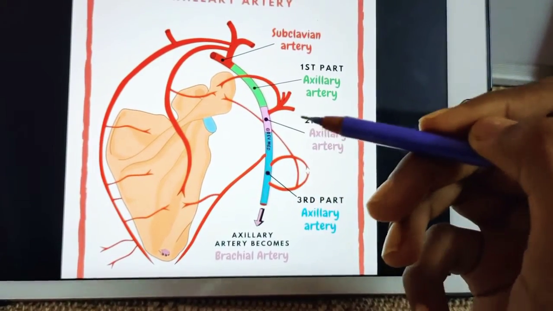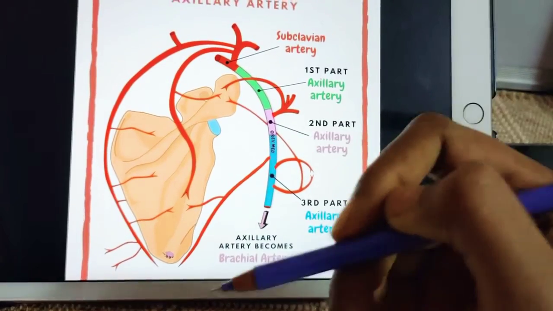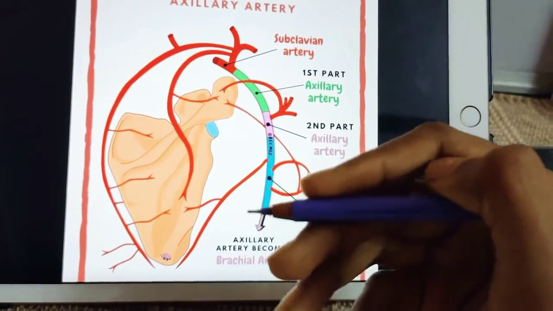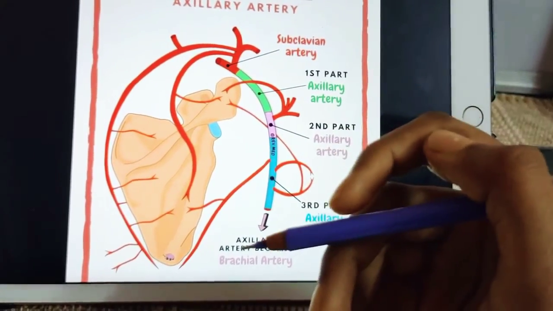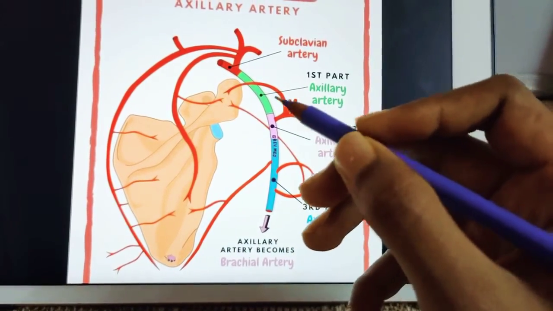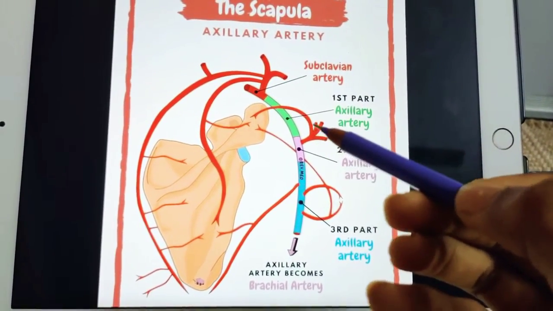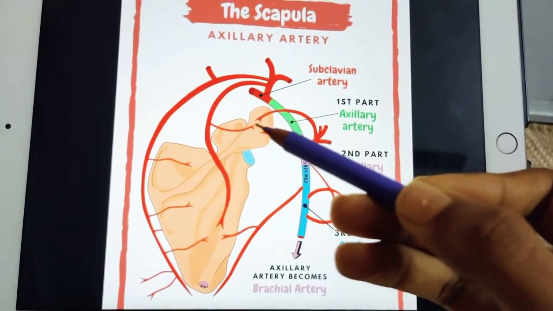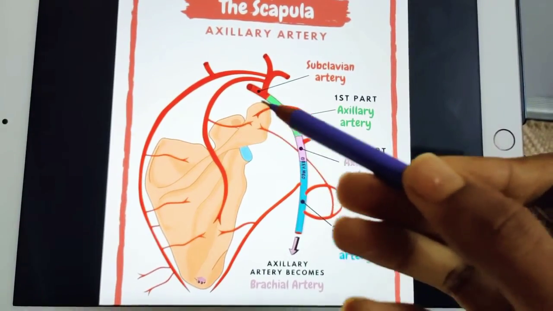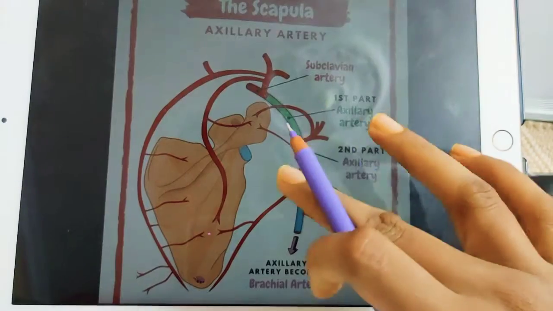The second part of axillary artery gives the thoraco acromial artery, or acromiothoracic artery. So the same thing, thoraco acromial artery, from the second part of axillary artery. That thoraco acromial artery has its acromial branch. That acromial branch of thoraco acromial artery also participates in the anastomosis around the acromion process of scapula.